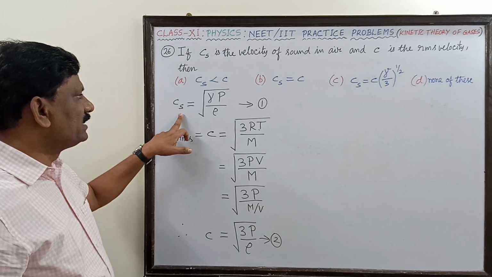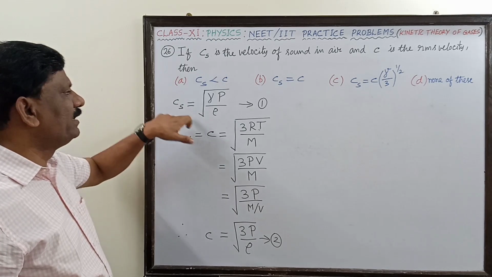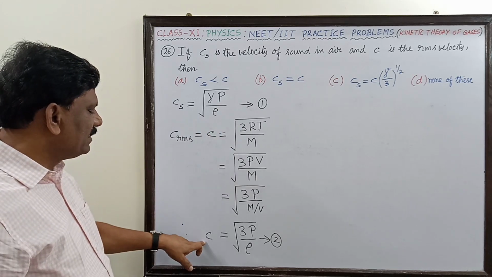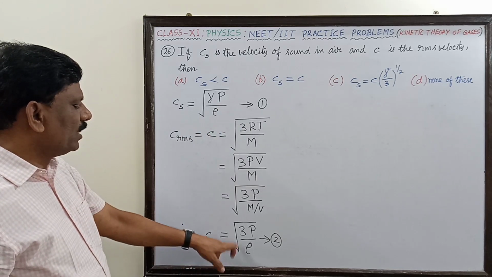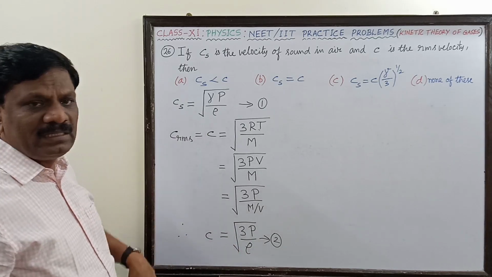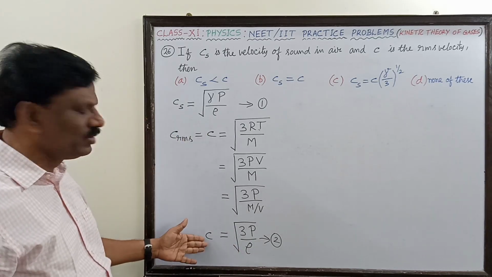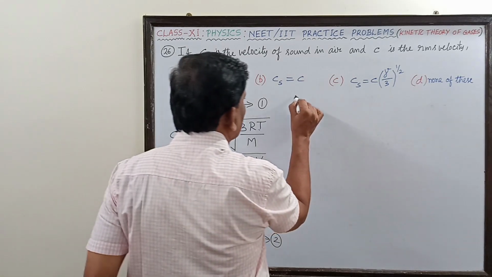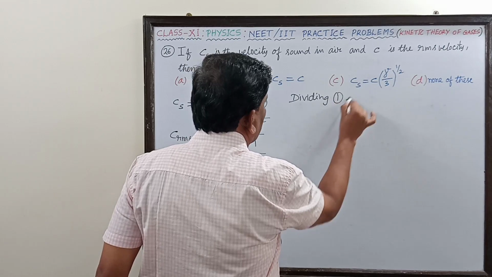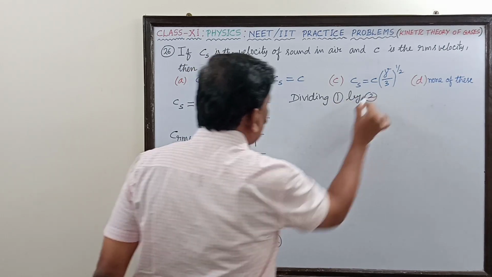Look at the first equation. The velocity of sound in air is square root of gamma times P by rho, and here C is equal to square root of 3 times P by rho. So now I take the ratio of Cs to that of C, dividing equation 1 by equation 2.